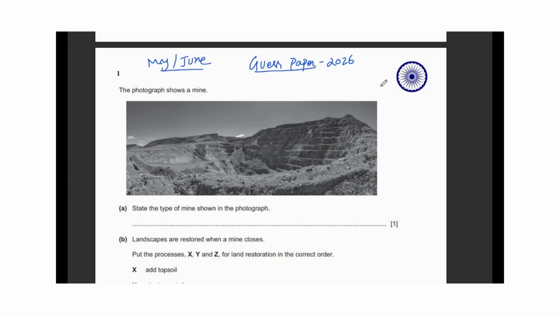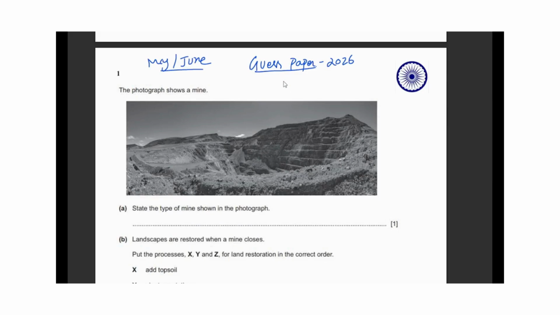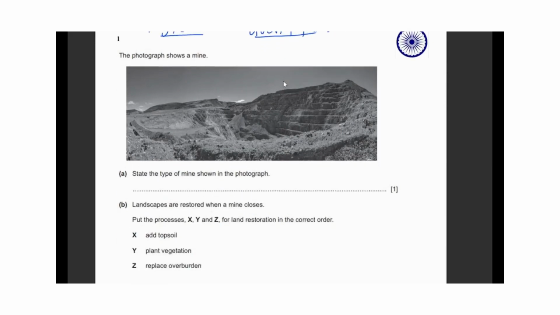This is EVM paper 1, 0680. There are a total of 15 pages, and we will do the first question here.